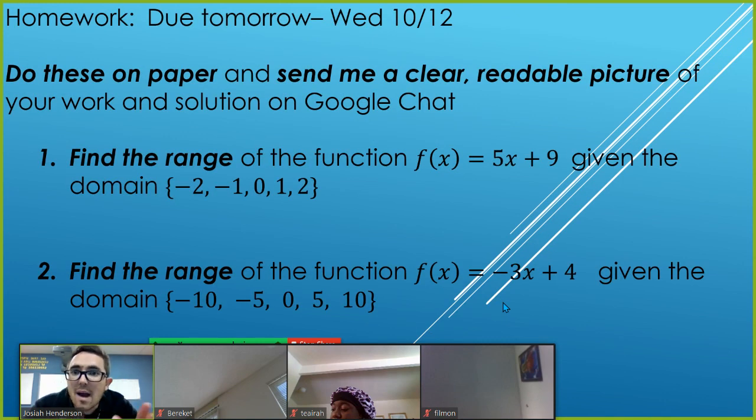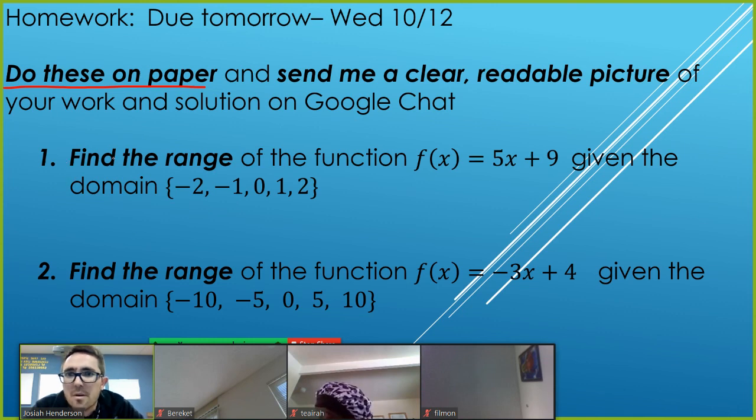Now, write down these two problems. And just a reminder, this is not a mastery test. This is your homework, but you're going to do this on paper and send me a clear, readable picture of your work and your solution. I did make two problems, and they are both the same type of thing.